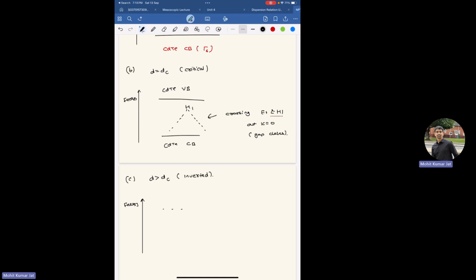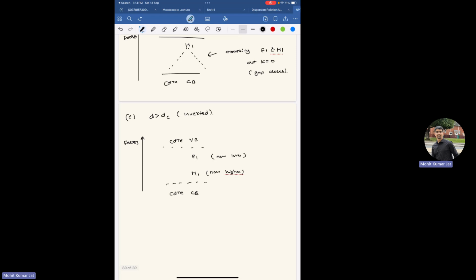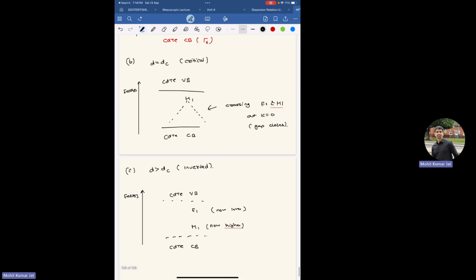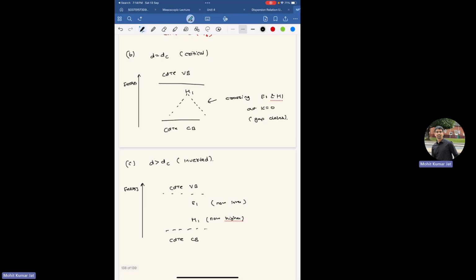Here you have CdTe conduction band, CdTe valence band, E1, H1. This is now higher. This is now lower. And here E1 H1 has swapped, right? And this is the region of this inverted ordering, topological states that appear at the slab edges.